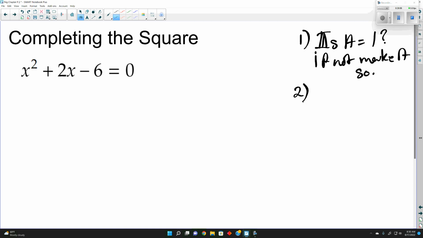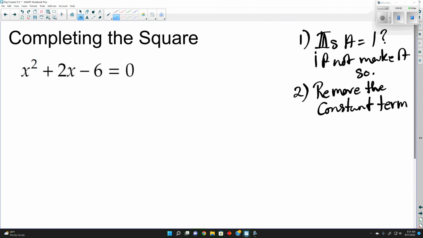Step 2: remove the constant term. Now this has changed, because for those of you who had me last year for Algebra 2, this is a little bit different wording. The way I worded it for Algebra 2 is that we move the constant term to the other side of the equation. I'm using this here because once we get into a lot of the quadratics, we'll deal with this constant term differently.